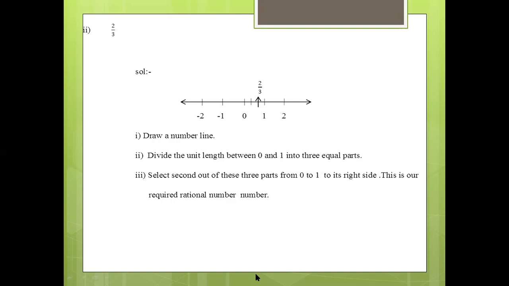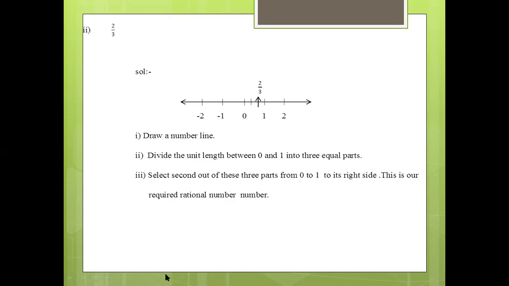How do you choose it? You divide the fraction. 2 divided by 3, you will get 0.6 something. So 0.6 means that this number is between 0 and 1. So you select this unit length. After that, the denominator is 3. So you have to divide the unit length 0 to 1 into 3 equal parts. 1, 2 and 3.